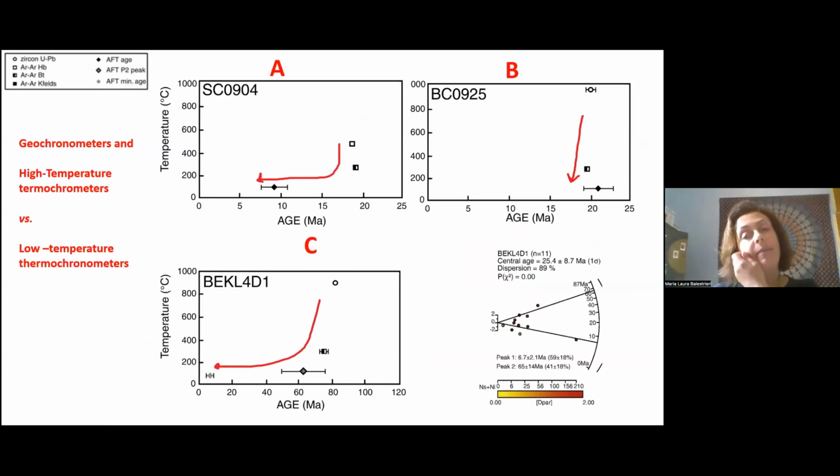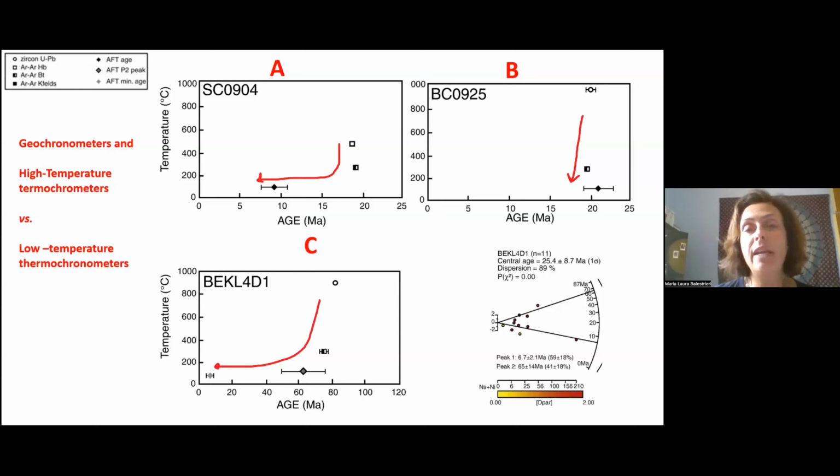I've already said that the samples were dated with uranium-lead and argon-argon on various minerals. Here I want to show you a little about the difference between geochronometers, high temperature thermochronometers, and low temperature thermochronometers.